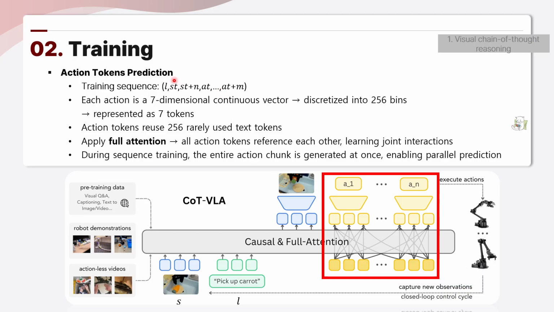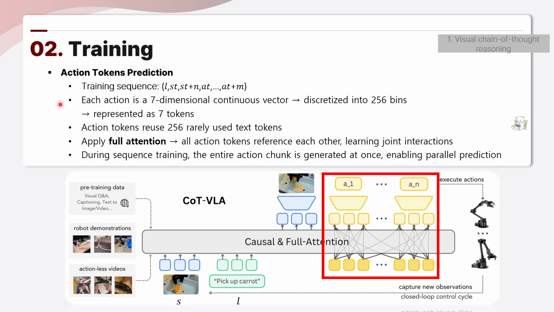For action token prediction, we need the language instruction L, the visual images S, and the action chunk A. Each action is represented as a 7-dimensional vector. Since robot joints are usually continuous values, these also need to be discretized.